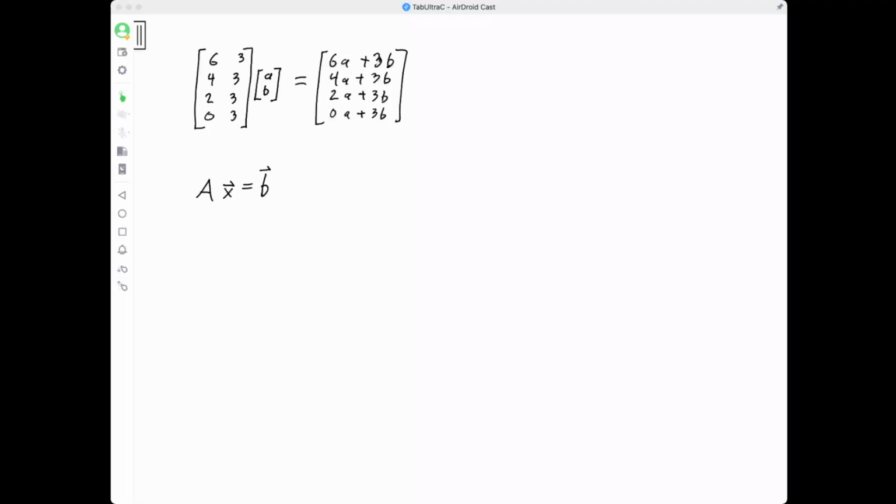So what we get then is what we call a matrix equation.